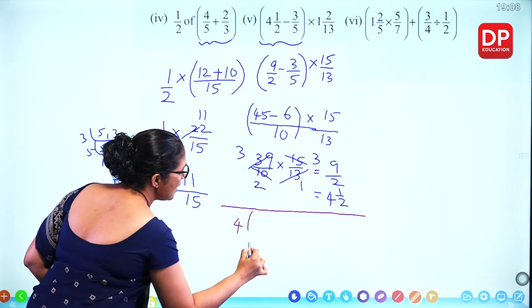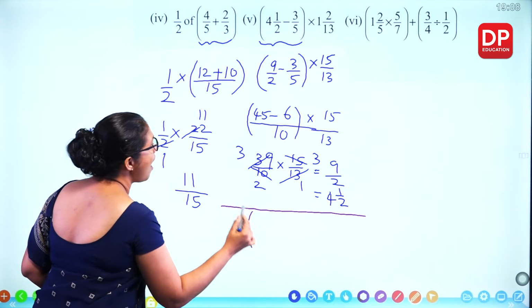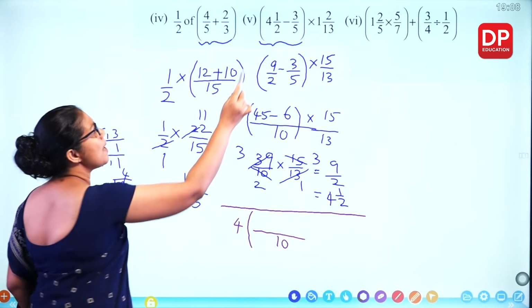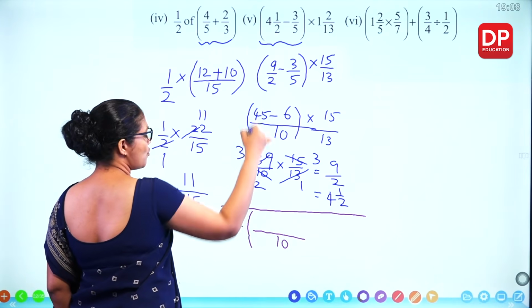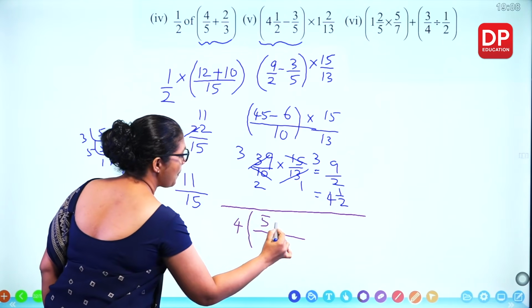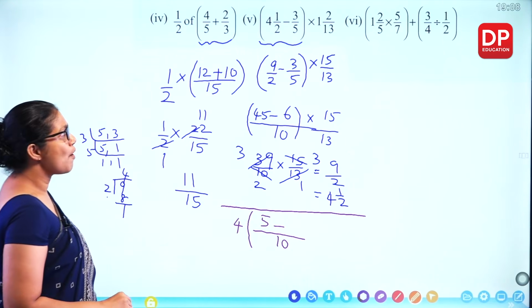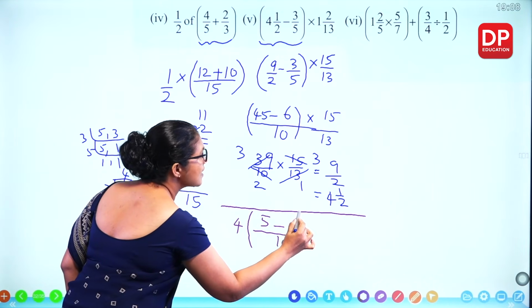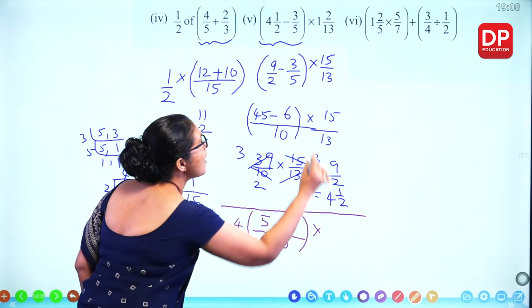So here I can write half as out of 10, multiplied by 2. How do you get 10? 2 times 5. So this becomes 5 here, minus, how do you get 10 from 5, multiplied by 2. 2 times 3, 6.